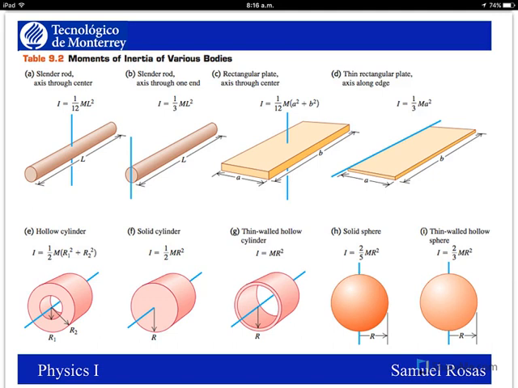And we have a solid sphere, 2/5 of mass times radius squared, and that could be any given ball, and a thin-walled hollow sphere, 2/3 of mass times radius squared. And of course the thin-walled hollow sphere is larger than the solid sphere because there are more particles that are far away from the axis of rotation.